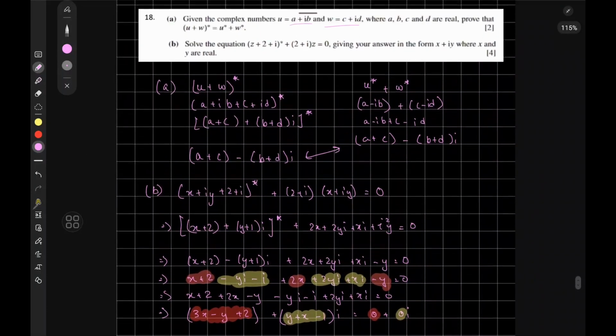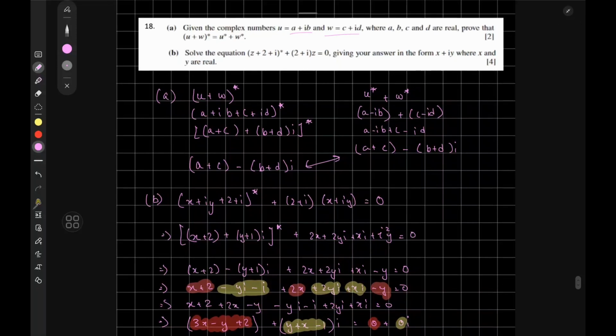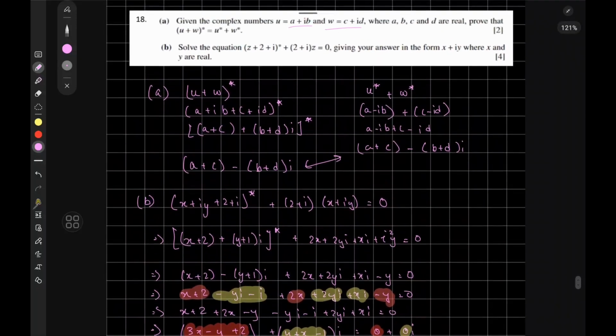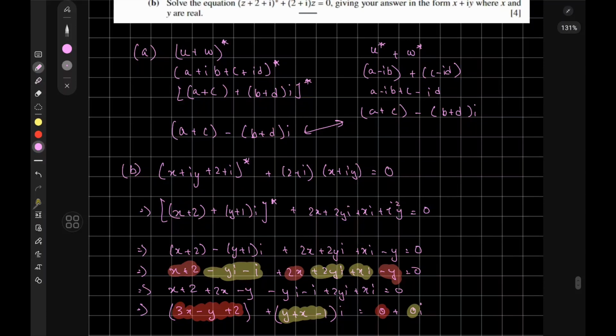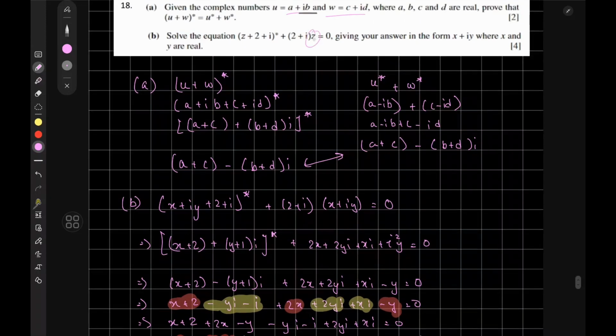Great. So you take the conjugate of z plus 2 plus i. How? Break down z into x plus iy, and you take the real to one side and the imaginary to another side, and keep the conjugate as it is as of now. And then you do the same for the z over here.